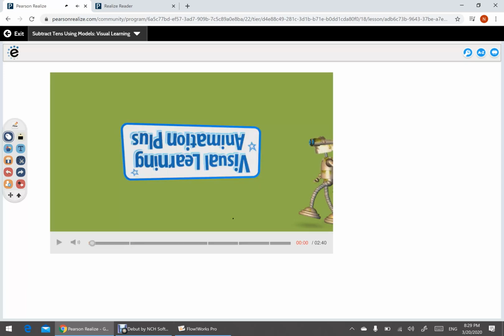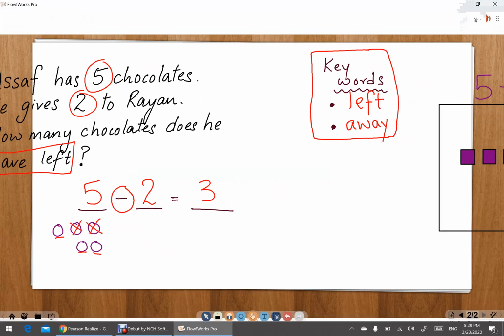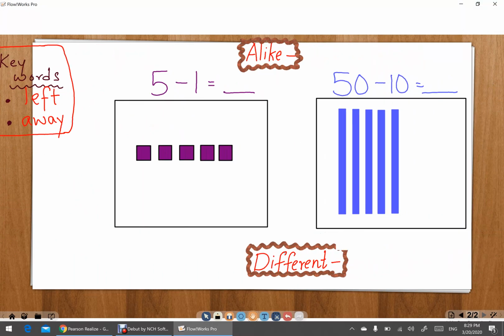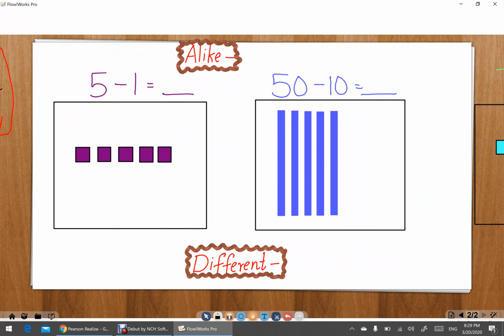So, let me explain to you with some more examples. Now, here we have 5 minus 1 and 50 minus 10. So I told you, you will take away.